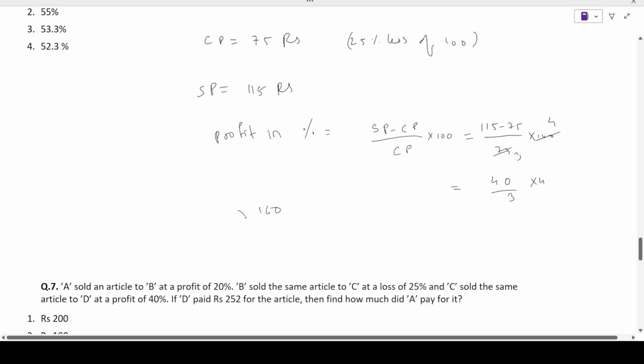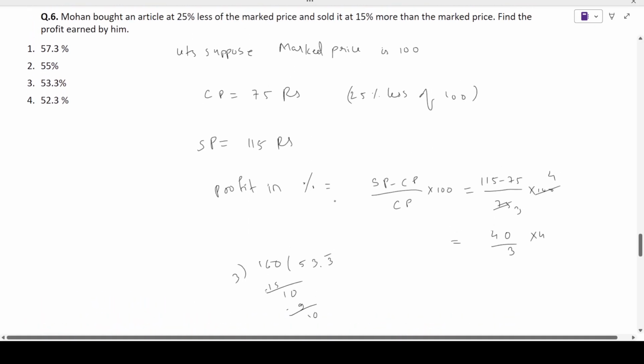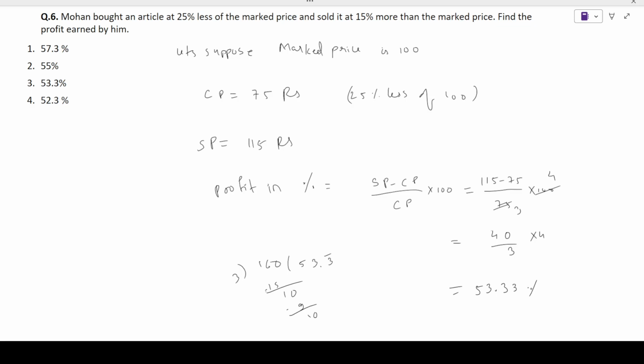Dividing 160 by 3, we have 3 5s are 15, 1 0, 3 3s are 9, 10 minus 9 is 1. So the pattern keeps repeating. So it is 53.3333. So the correct answer here is 53.33%. So the nearest option is option number 3.